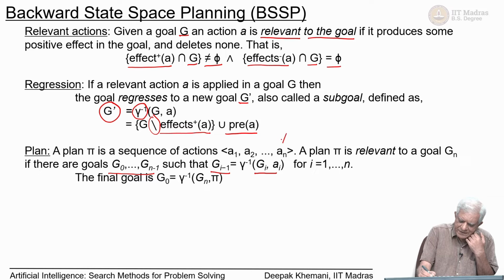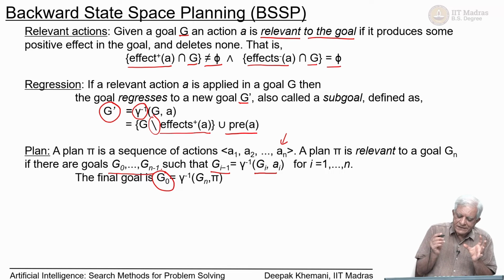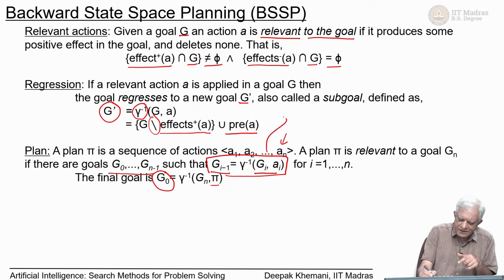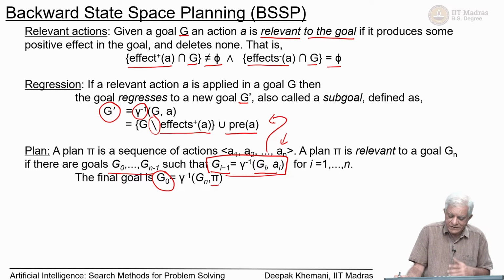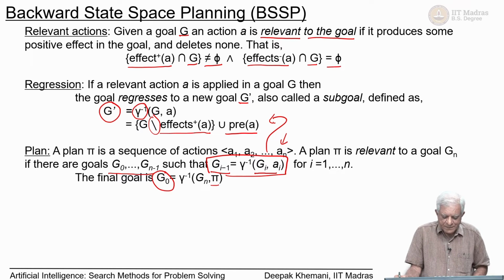An is the last action, then we have the second last action, then the third last action, and so on, right up to A1, and A1 will regress to G0. So, this is a goal description that is the result of regressing over the entire plan starting from G of n. This step of going back one step, which is described here, we do from the last action to the first action A1 and end up in something called G0.